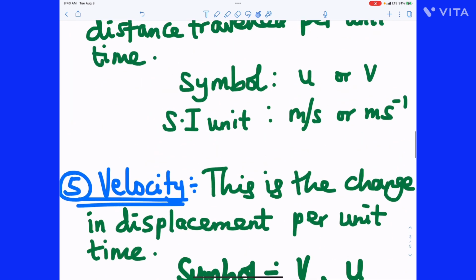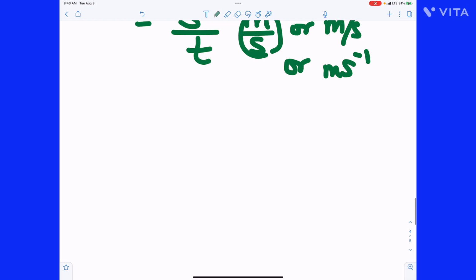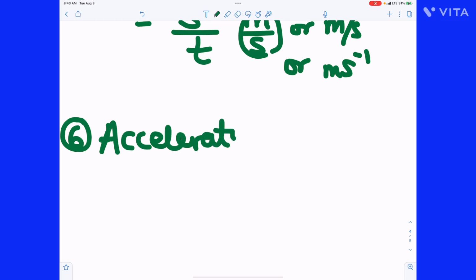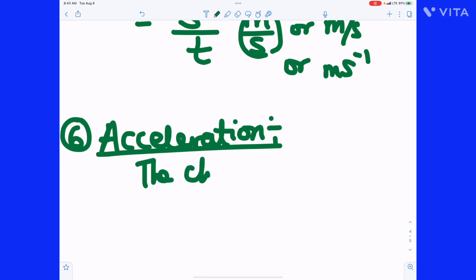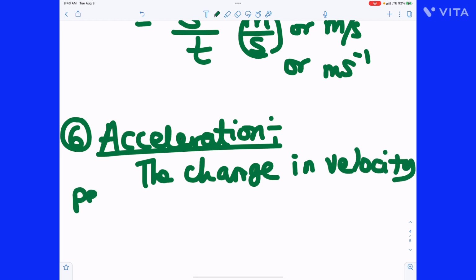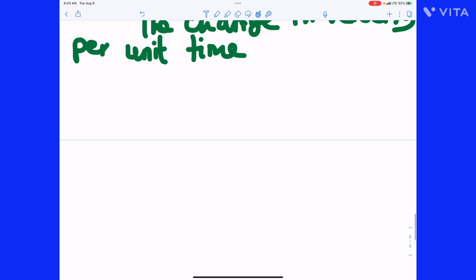Next is what? Acceleration. That should be number 6. Acceleration is change in velocity per unit time.